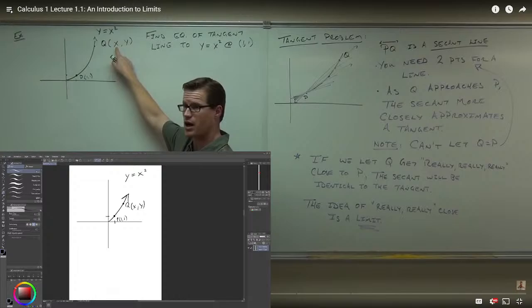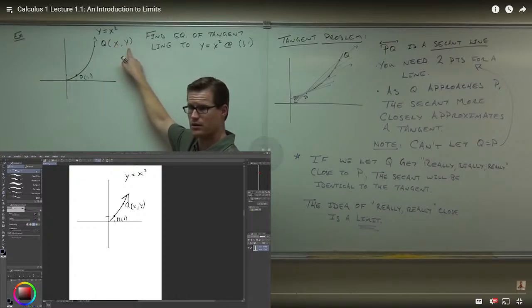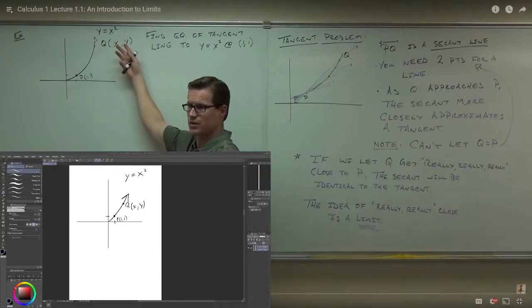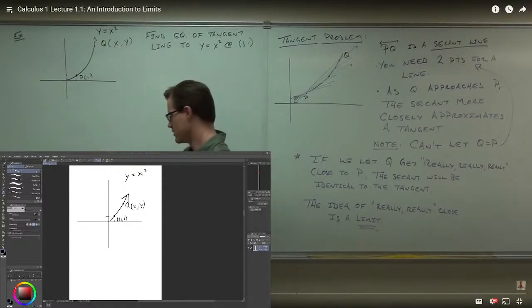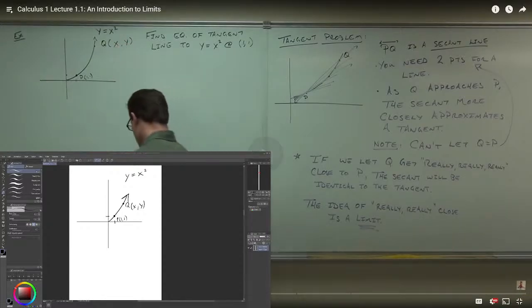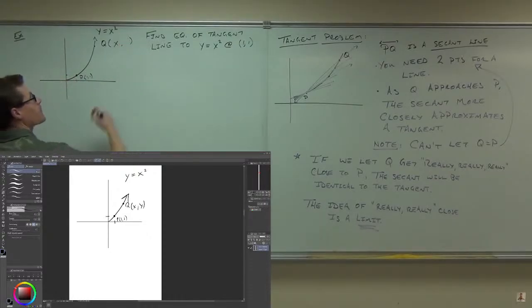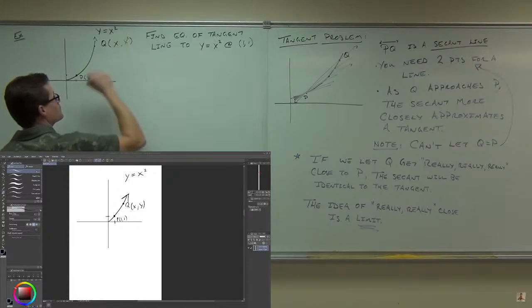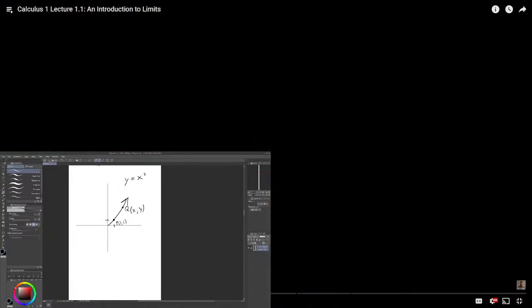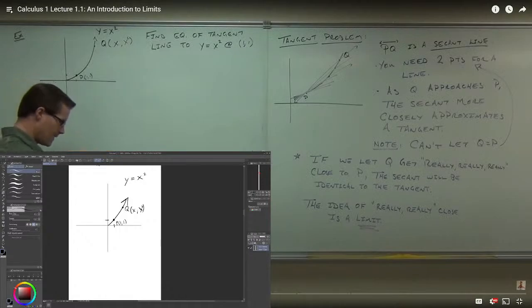I had X comma X squared. Because Y is X squared, right? So erase that, and I want you to put X squared. True. Cool.